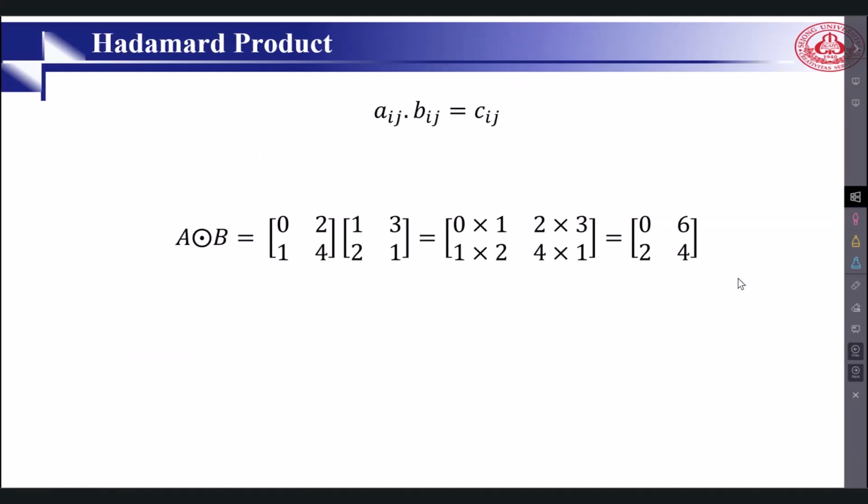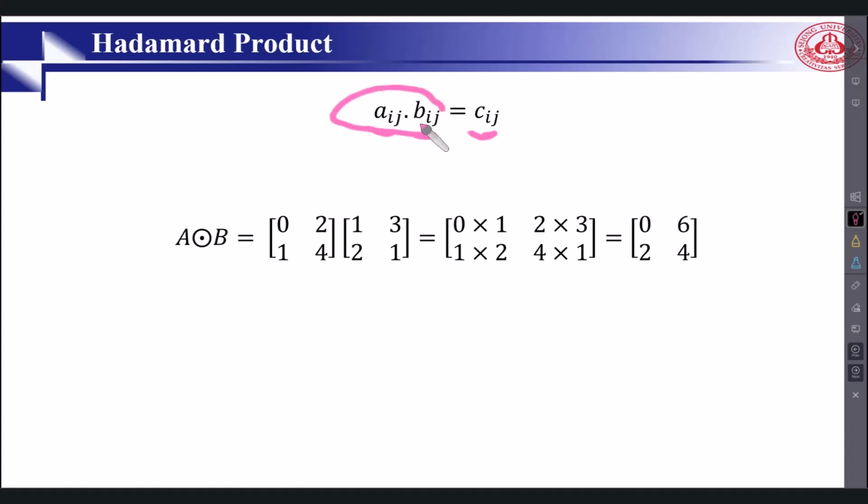We have the Hadamard product. This is a mathematical operation that involves taking two matrices of the same dimension and producing a third matrix. What we do here is multiply corresponding elements and generate a new one. Each element in the resulting matrix is the product of the corresponding elements in the original two matrices.